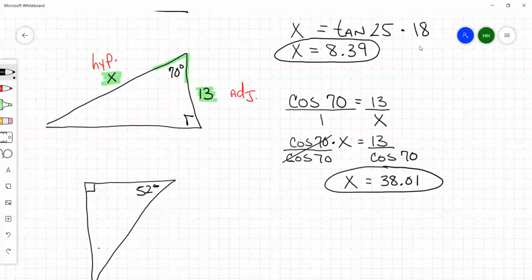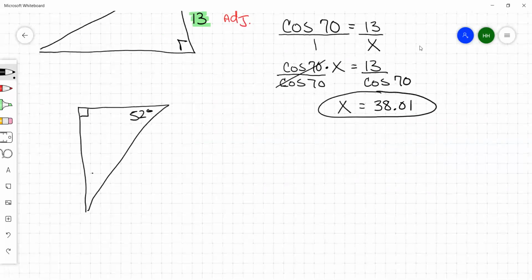What have we done? Cosine, we've done tan. So here we go. We're looking at the angle given and the two sides that we're working with.